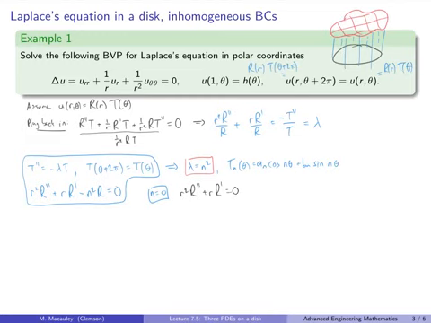Let y be equal to R prime, and so y prime equals R double prime, and then this becomes r squared y prime plus r y equals 0.